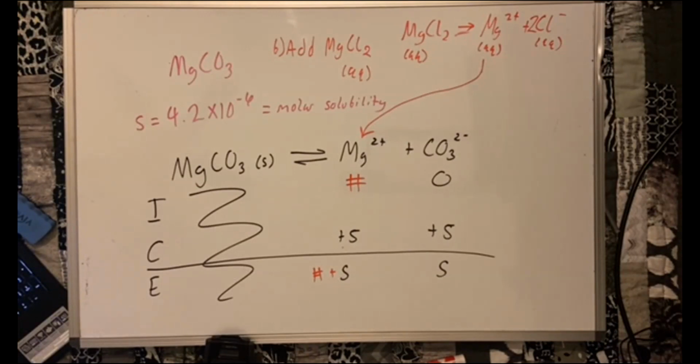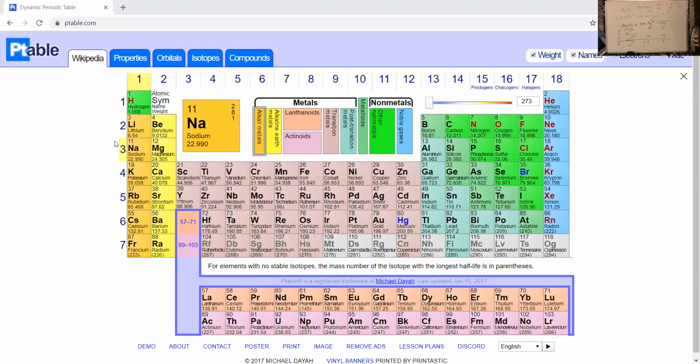Share this one. Okay, hopefully you can see that. So I have to remember, okay, for Mg, it's +2 because it's in the second column, right? It has a charge of +2. I'm going to stop sharing this.